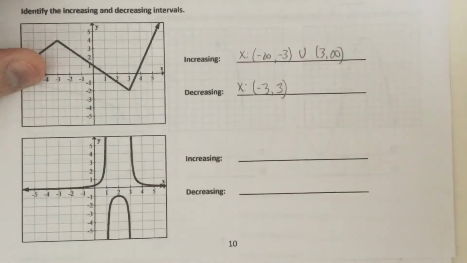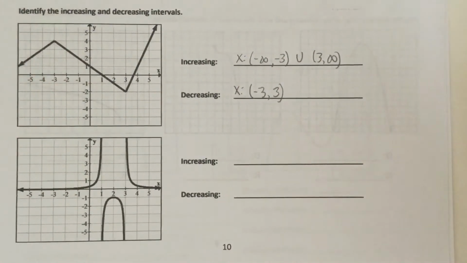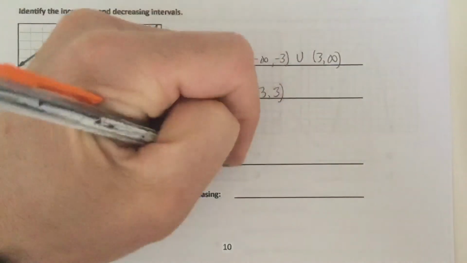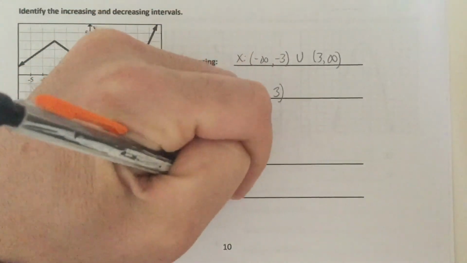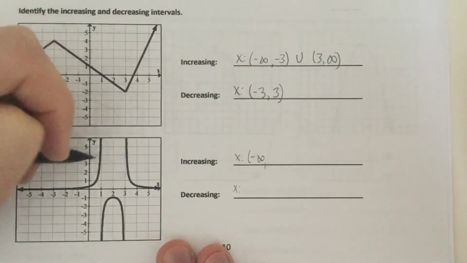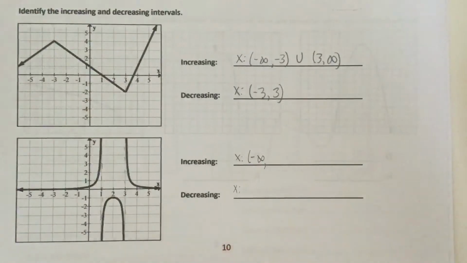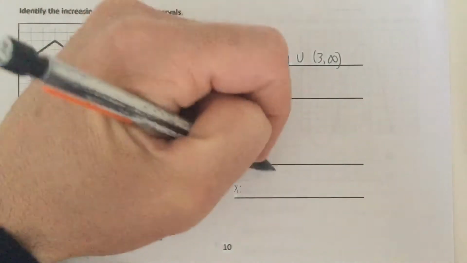All right. The bottom one is a little tricky. This one is actually increasing to start the whole way from -infinity. And there's an asymptote here. There's a vertical asymptote here and another vertical asymptote right there. So it's increasing to +1.